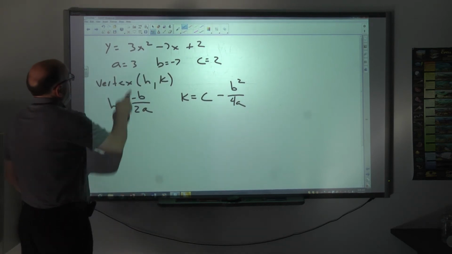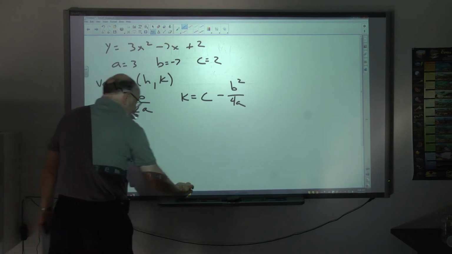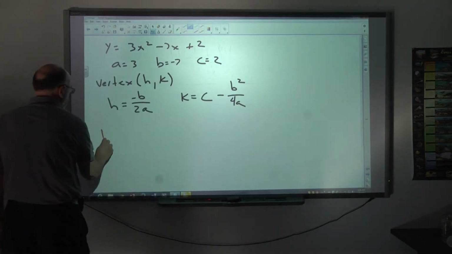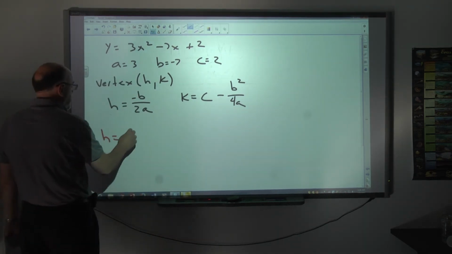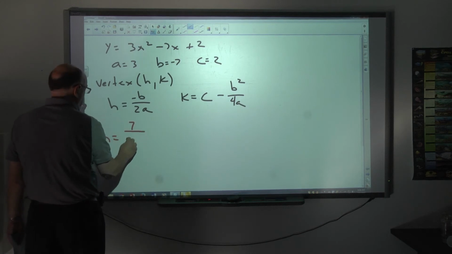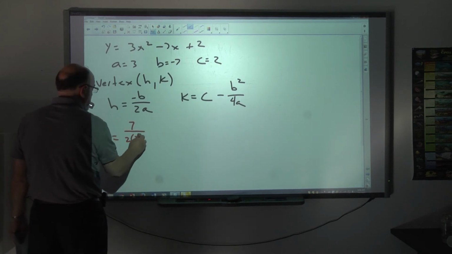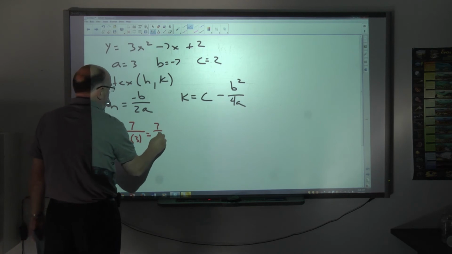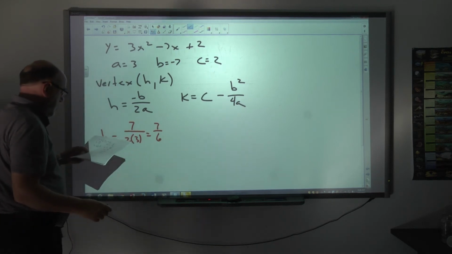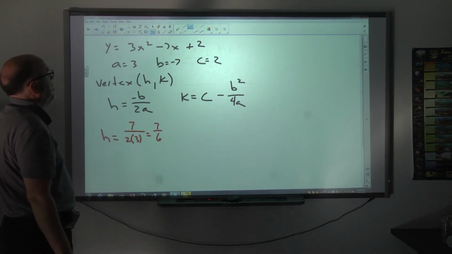Here, h is minus b, so this is going to be 7 over 2 times 3, which is 7 over 6. That's the h value.